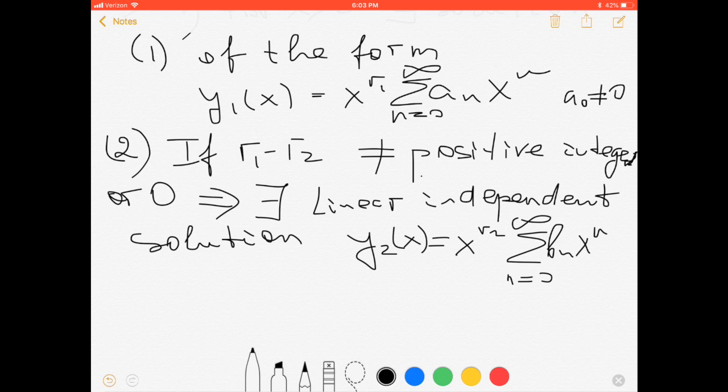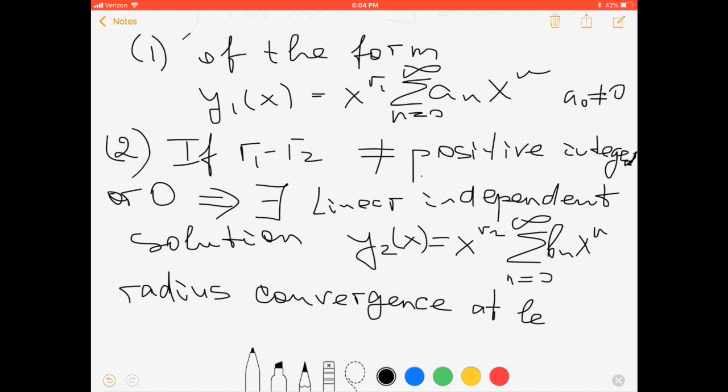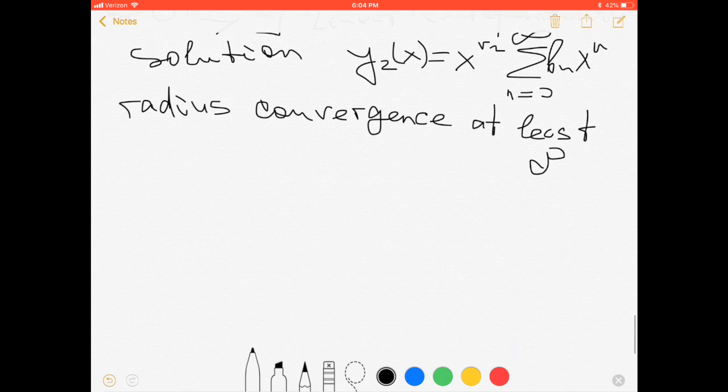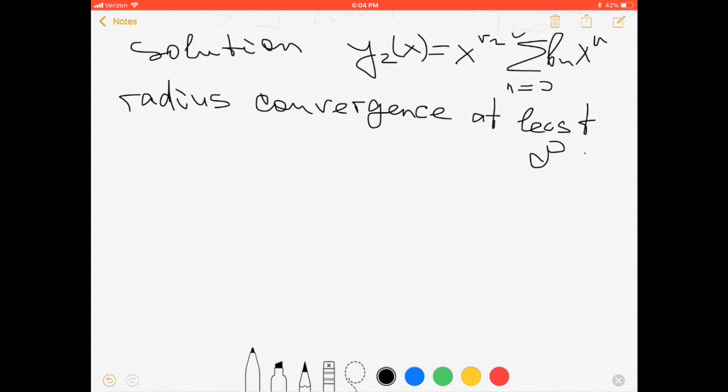And the radius of convergence of these two series is at least rho. This is very important, as it tells for what x your solution works.